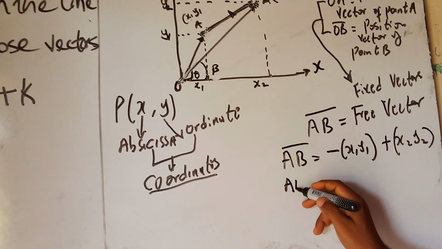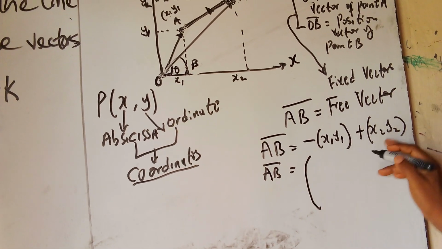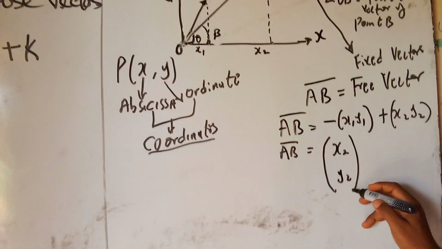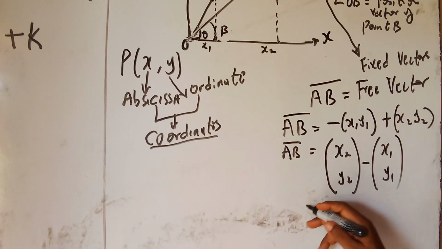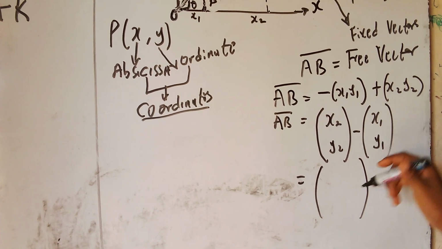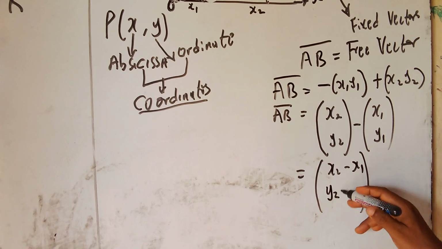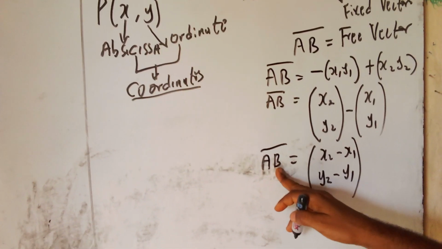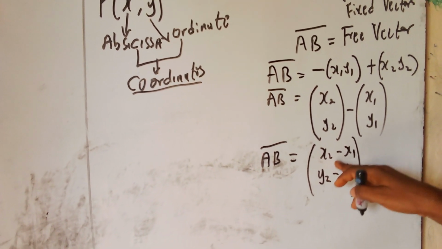So in a nutshell, vector AB, which is a free vector, can be described in this format. I want to write this one in column form. That's x2, y2, take away x1, y1. So the final solution is x2 minus x1, and this one is y2 minus y1. So in a nutshell, the vector AB, which is a free vector, has these particular components.